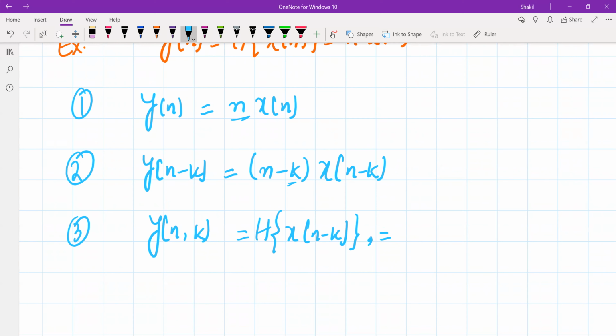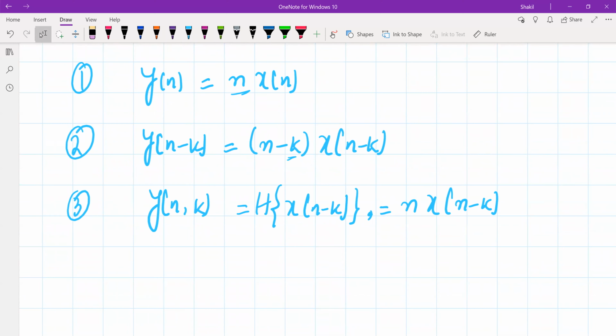So the output will be simply n times the input. What's the input? x of n minus k. So simply this is multiplying the sequence by n. Whatever is the input, multiply it by the current time, means n.